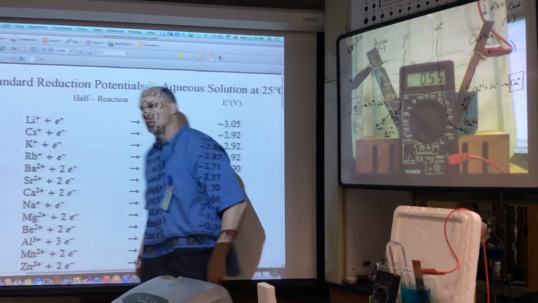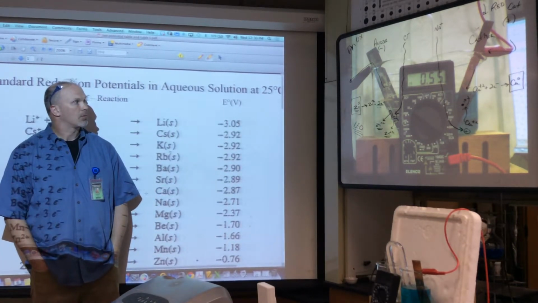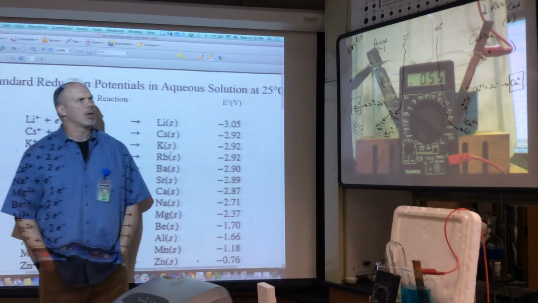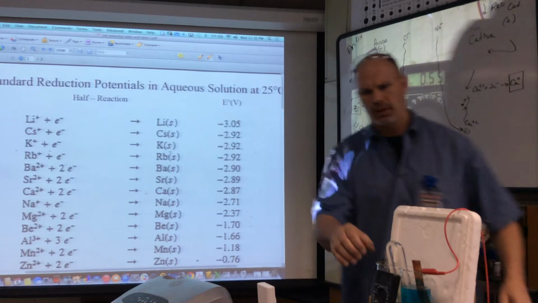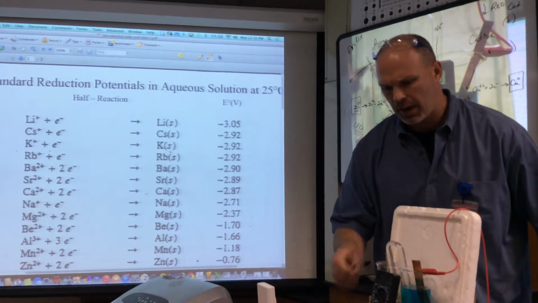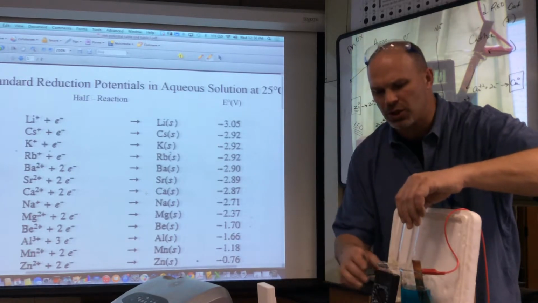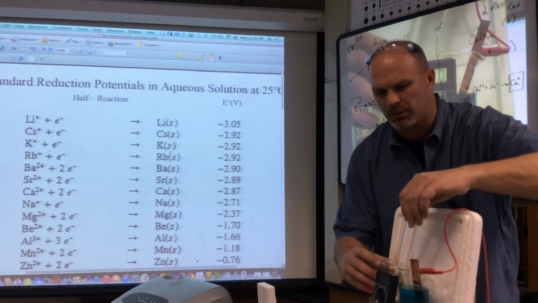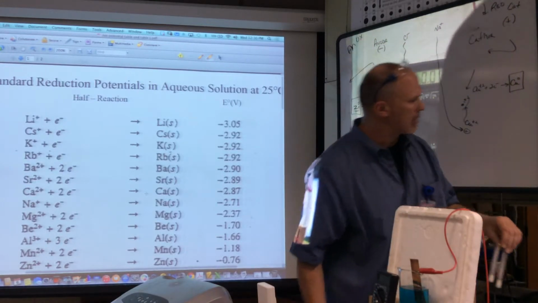Yes, Reese? It was 0.55 over 0.47. I'm sorry? What I have is, if I throw it in its own concentration, I've got other ions in here. So let's try another concentration. If you change the concentrations, you can mess around with the voltage. Right now I just threw it in there, but let's put it in a lead nitrate solution.